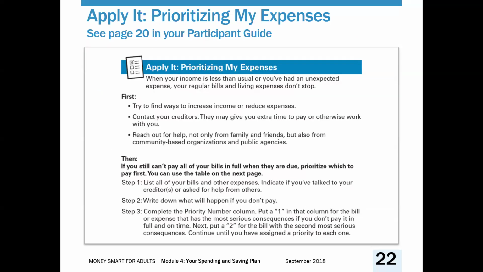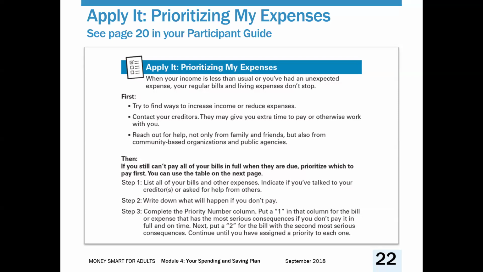In this section, essentially what it's going to have is a blank sheet. On the left, it's going to have bills and expenses. In this particular situation, it's a phone bill, but you're going to be able to list all of the expenses that you have. What you're going to do next is fill out the amount that you owe to the debtor on a monthly basis, as well as the due date.